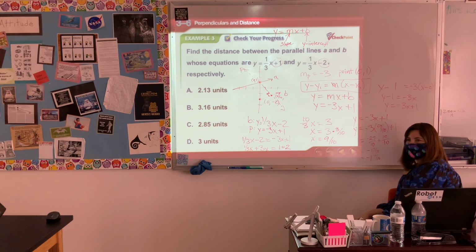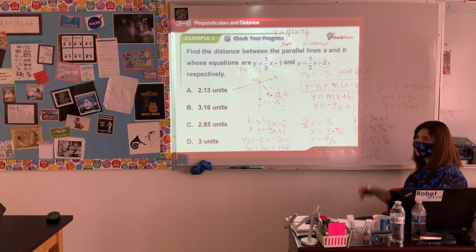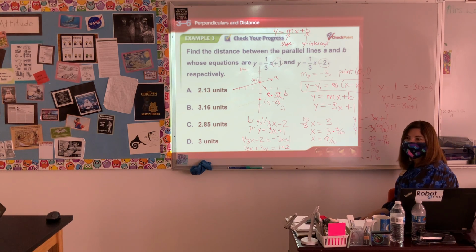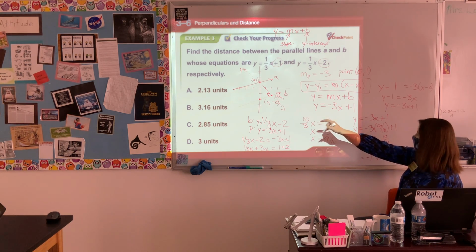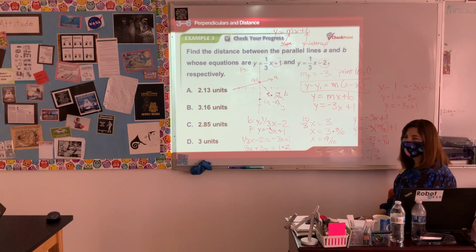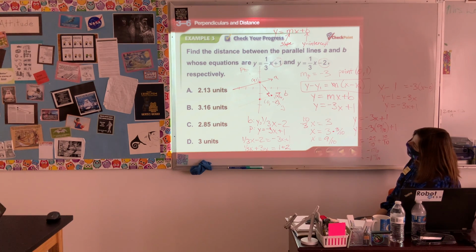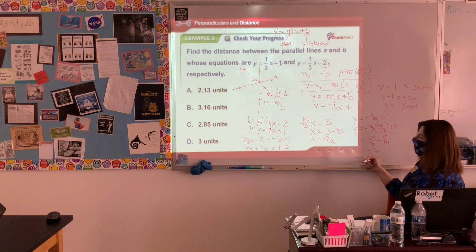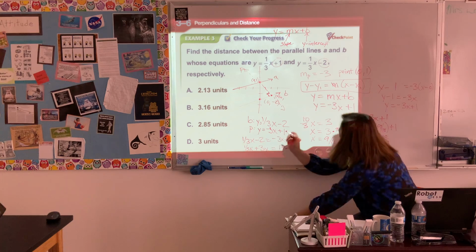I knew it needed to be negative, but for some reason in that step, I screwed up. And if it doesn't look like it's making sense on there, that's what happened for me. I was like, this is really not matching at all at that point because I knew my y value had to be negative. Okay?